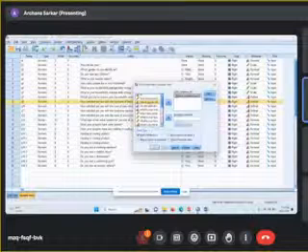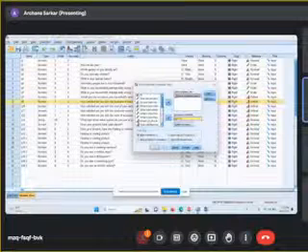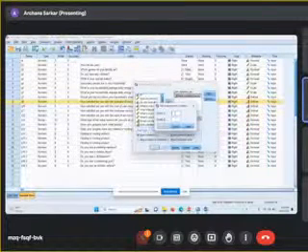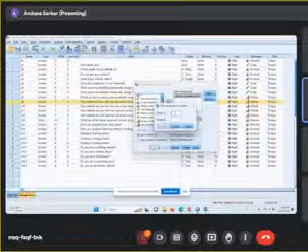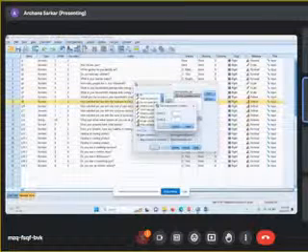Now when you define your grouping variable, you have to define the groups. The Mann-Whitney U test is calculated for only two groups. It is like the independent samples t-test. So group 1 is male and group 2 is female. You have to define the groups here. So this is the simple process.